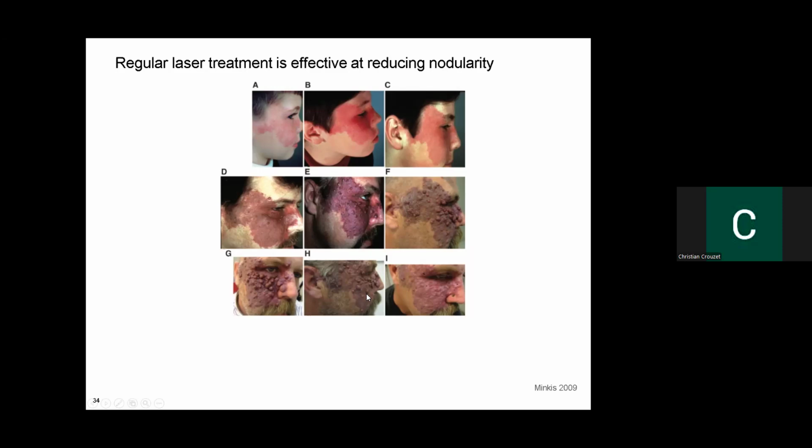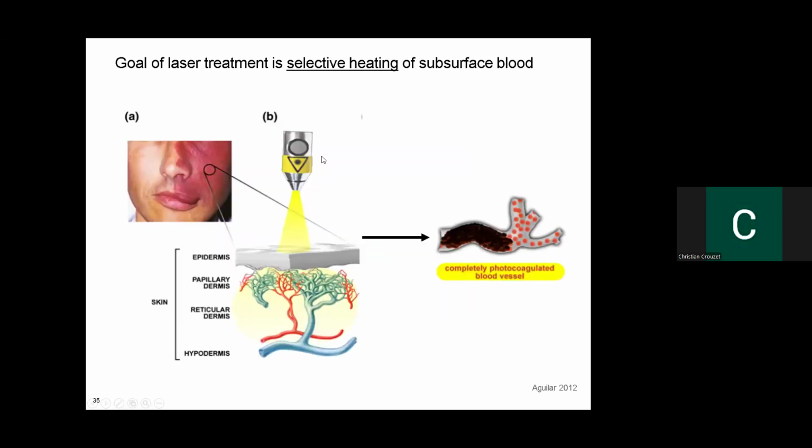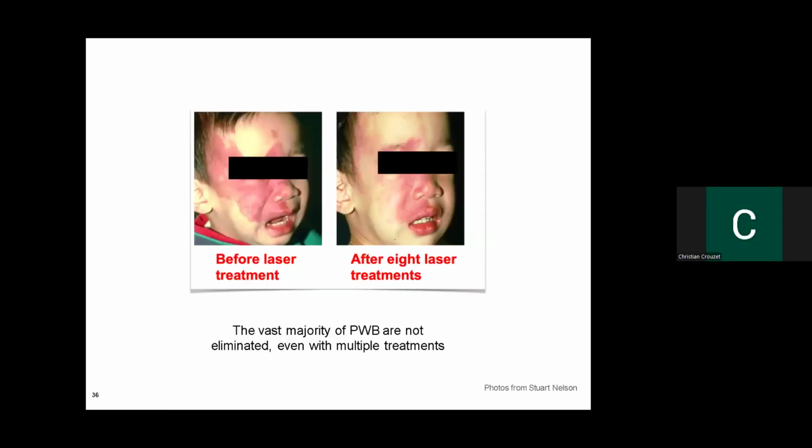So what is the laser treatment really doing? It uses a pulse dye laser to selectively heat the blood vessels in the skin, with the goal of completely coagulating them. What is the reason for this coagulation? Before treatment you can see the redness, and even after many subsequent treatments with the pulse dye laser, you still have reddening of the skin.